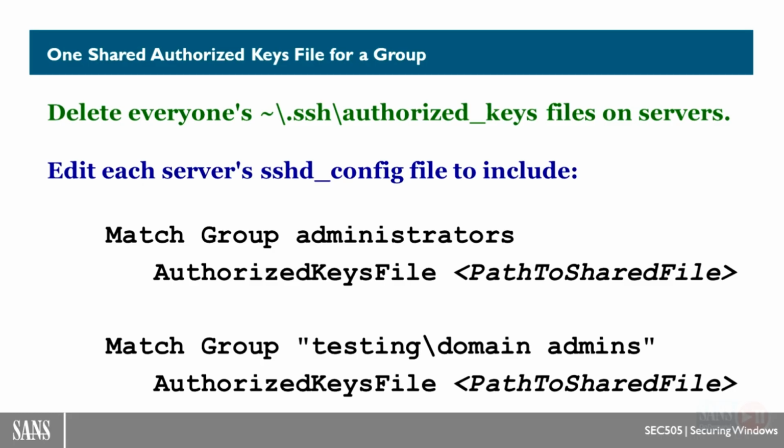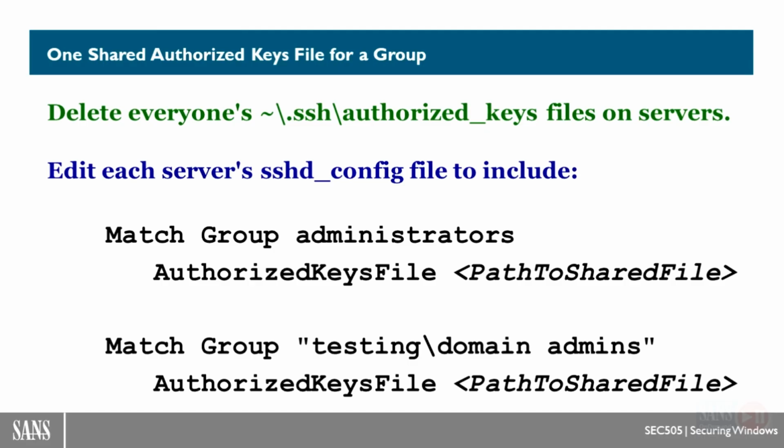Now, instead of each user having their own separate authorized keys file, what if the machine had a central global authorized keys file? Now we have one place that we could examine and audit, one place to manage keys.